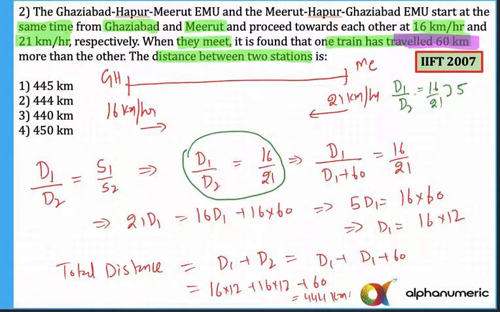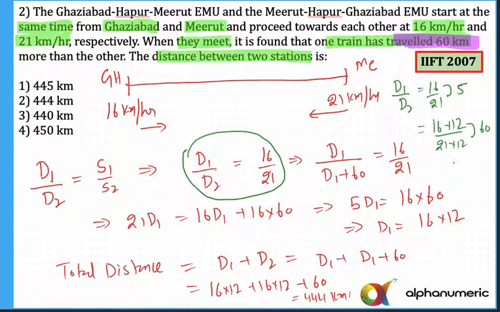So right now there is a gap of 5, but we need a gap of 60. So multiply it by 12. If I multiply by 12, this comes out to be 16 into 12 upon 21 into 12, and you can see the gap becomes 5 into 12, which is equal to 60.